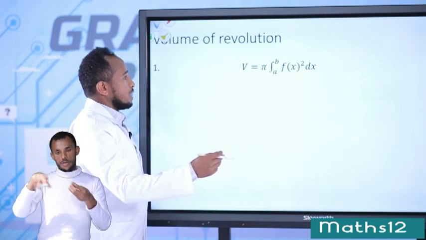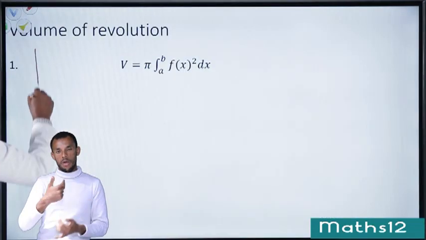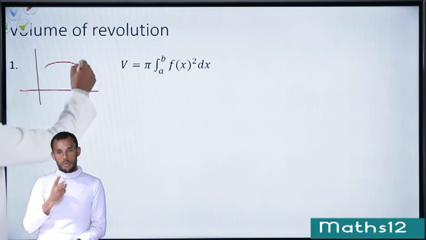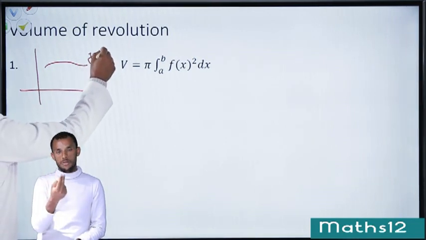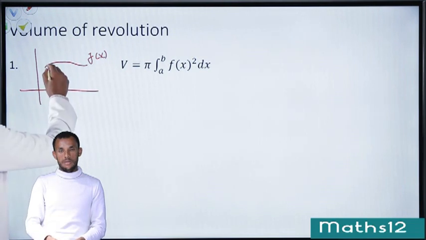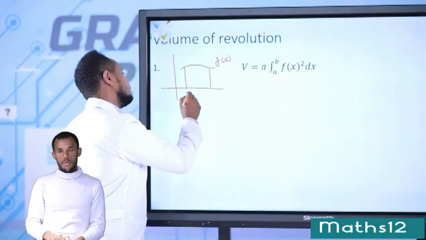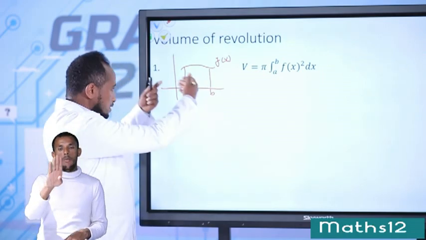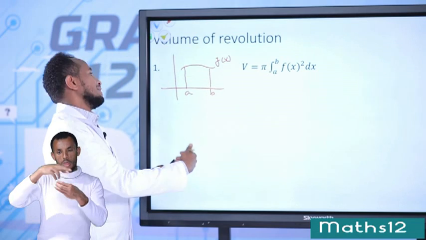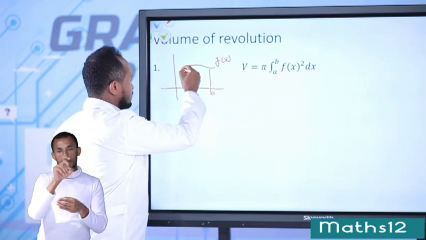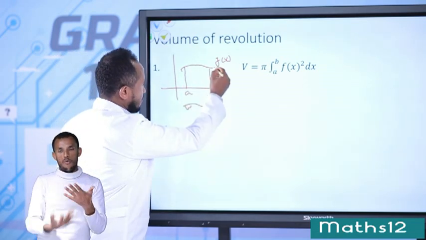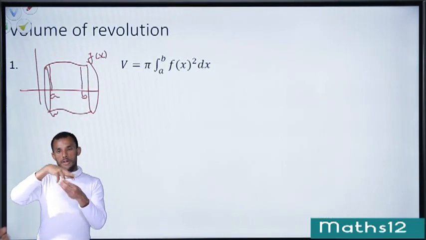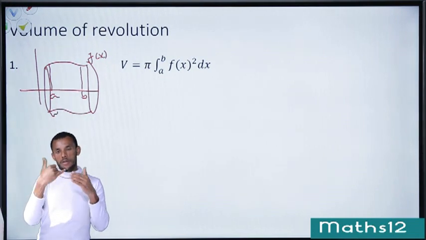Now, if we have a function f of x on the interval A to B, if you rotate this along the x-axis, you will have this form. You will have this region on this interval from A to B.